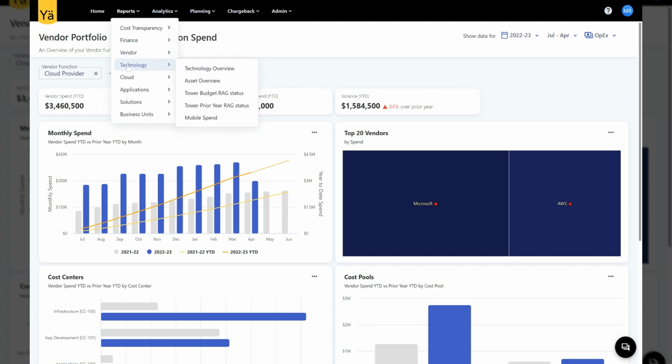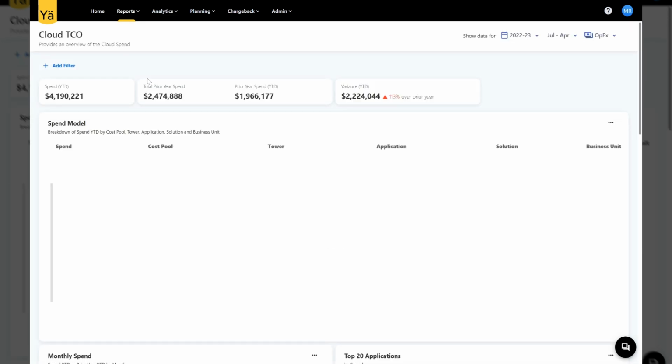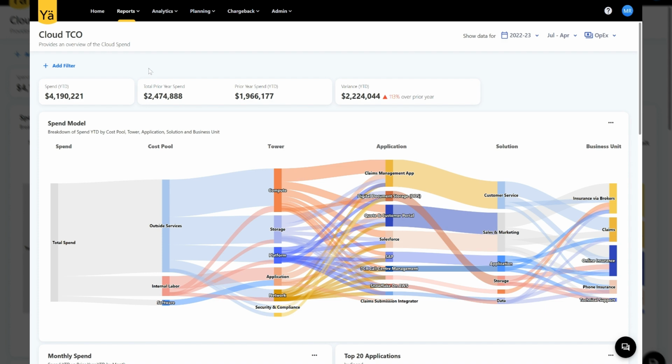Keeping going, we can look at technologies and assets that we have created. Cloud we already looked at from a cloud resourcing perspective, but we can also look at it from a total cost of ownership perspective. So what do we mean by total cost of ownership?